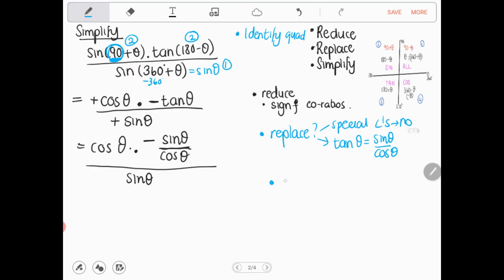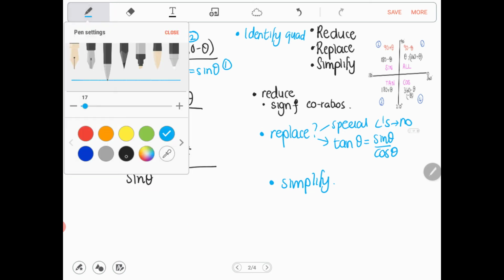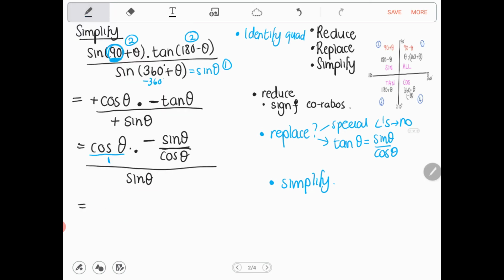So now I'm going to do simplify. So look at the numerator. I'm multiplying a whole number with a fraction, so I'm going to put that one over 1. You've got a positive times a negative, which will give you a negative.